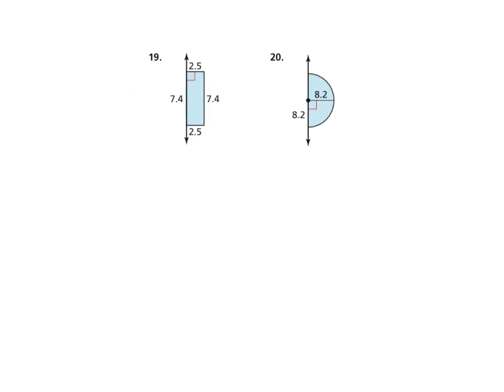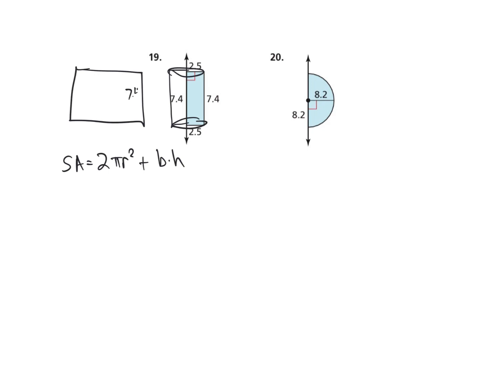All right, number 19. What do we get when we draw it? We get a cylinder again. Remember, the surface area of a cylinder has two areas of the bases, top and bottom, and then you do base times height for this rectangle. This is 7.4, and the circumference is pi times the diameter, and since the radius is 2.5, your diameter is 5. So 2 times pi times the radius, 2.5 squared. The base is 7.4, the height is pi times 5.